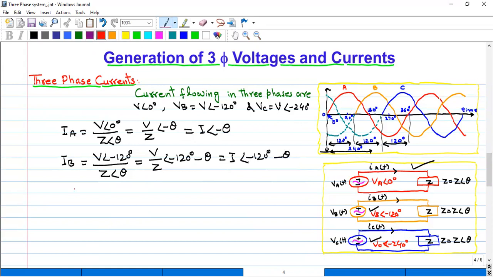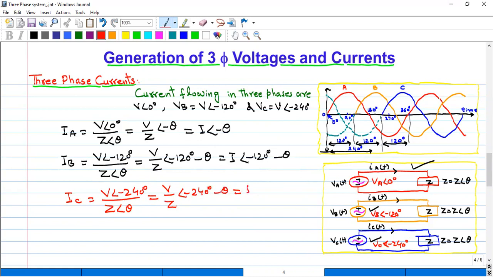And similarly, the current in the phase C will be equal to IC is equal to V angle of minus 240 degree divided by Z angle of theta. So this will be equal to V divided by Z angle of minus 240 degree minus theta.